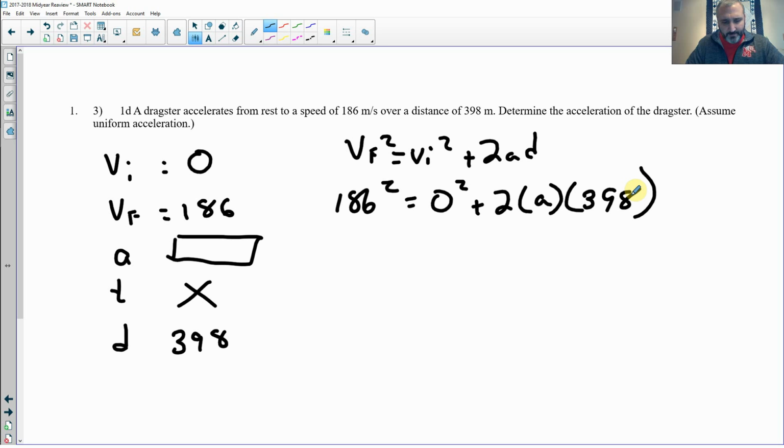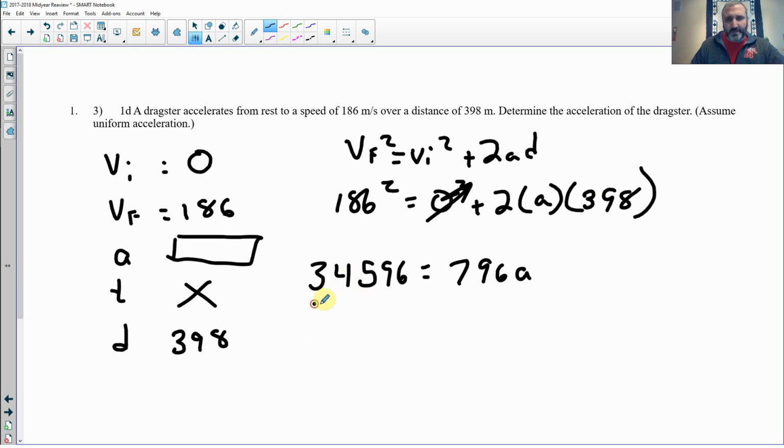186 squared, that is 34,596 meters squared per second squared, equals 2 times 398. That's going to be 796a. So I just multiplied the 2 times 398 and I brought down the a. And that's going to be 0.